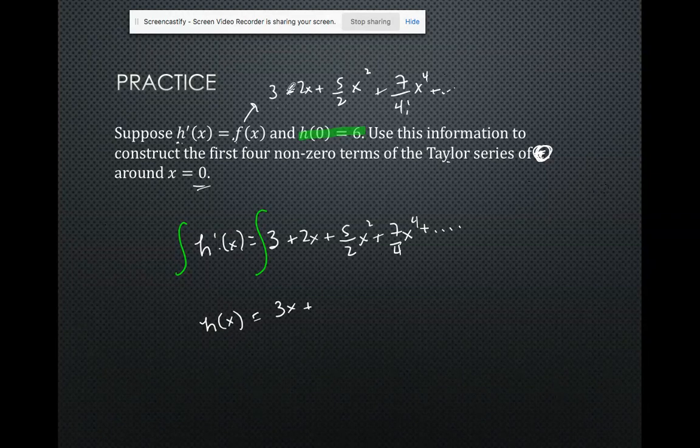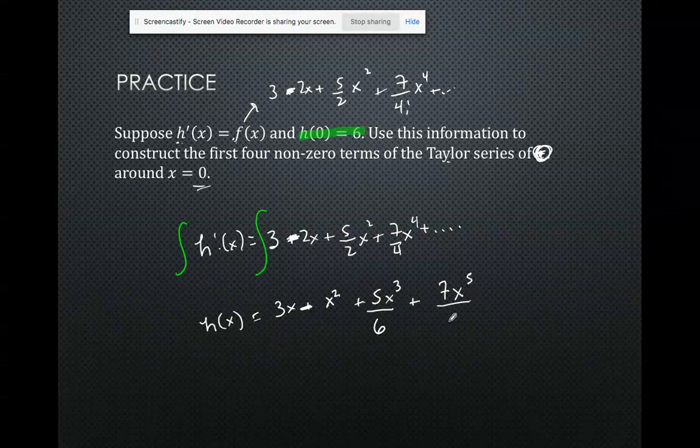Oops, sorry, this was a minus, wasn't it? Minus 2x squared over 2, so the 2's will cancel out, plus 5x cubed over 2 times 3, plus 7x to the 5th over 4 times 5.